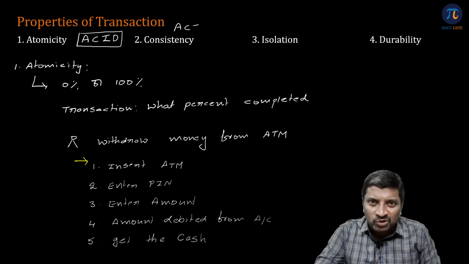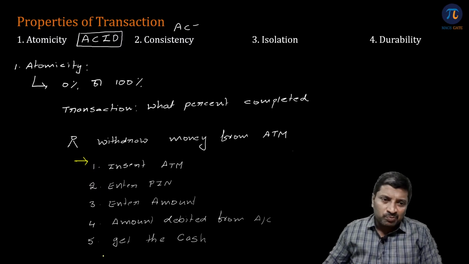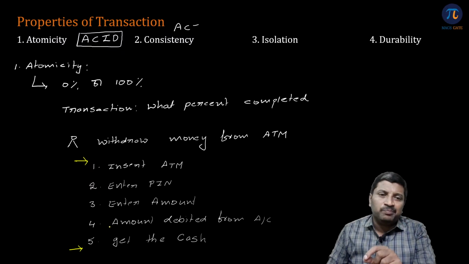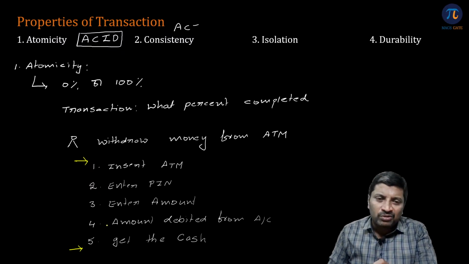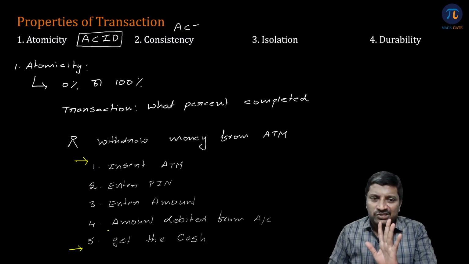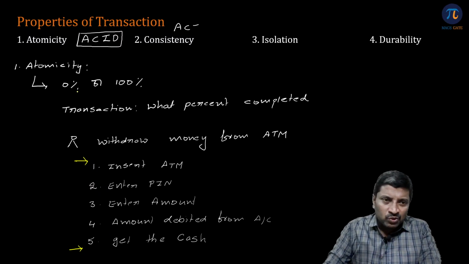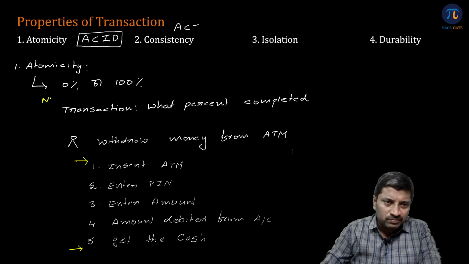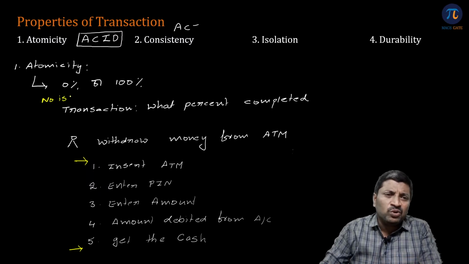Suppose all the 5 operations completed: he inserted the card, entered the PIN and the amount, it was debited and he got the cash. Then also no problem. Whenever it is 0%, no issue, we will go to another ATM. If it is 100%, no issue, and of course we are happy also.